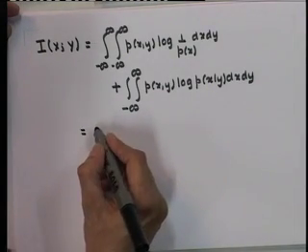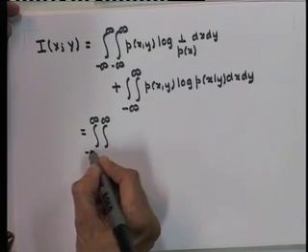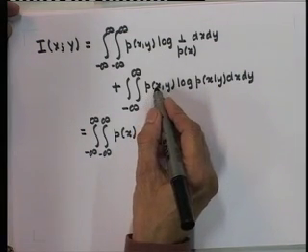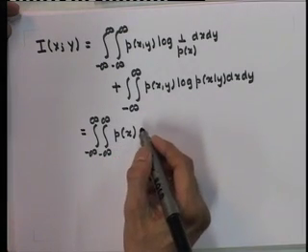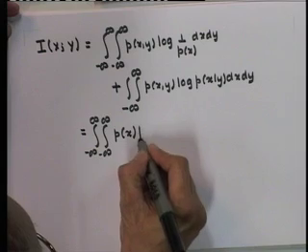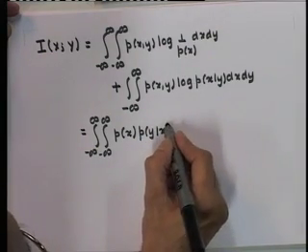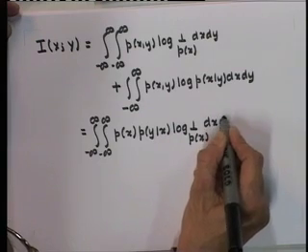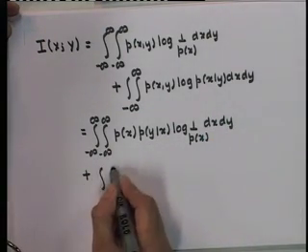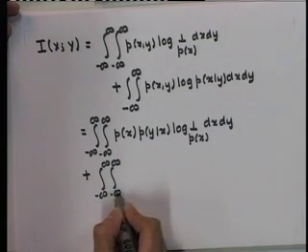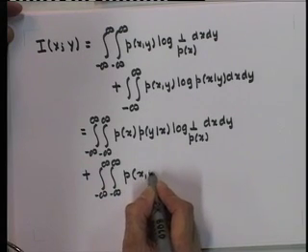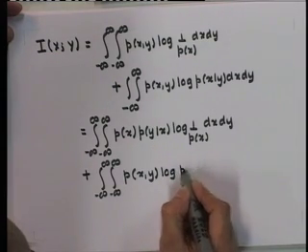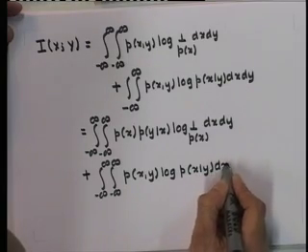This can be further simplified as the joint probability of random variables x and y is given as the PDF of x multiplied by the conditional PDF of y given x: double integral of p x p of y given x log of 1 by p x dx dy plus double integral of joint probability distribution function p x y log of p of x given y dx dy.